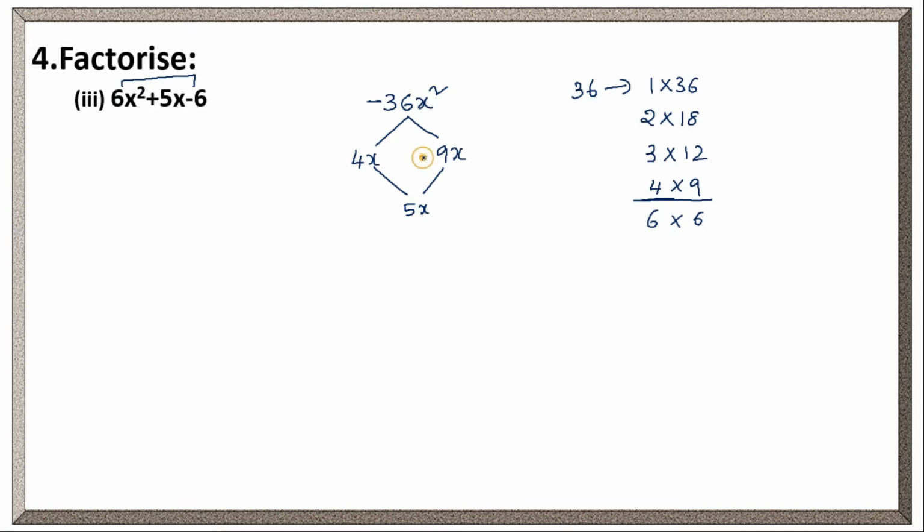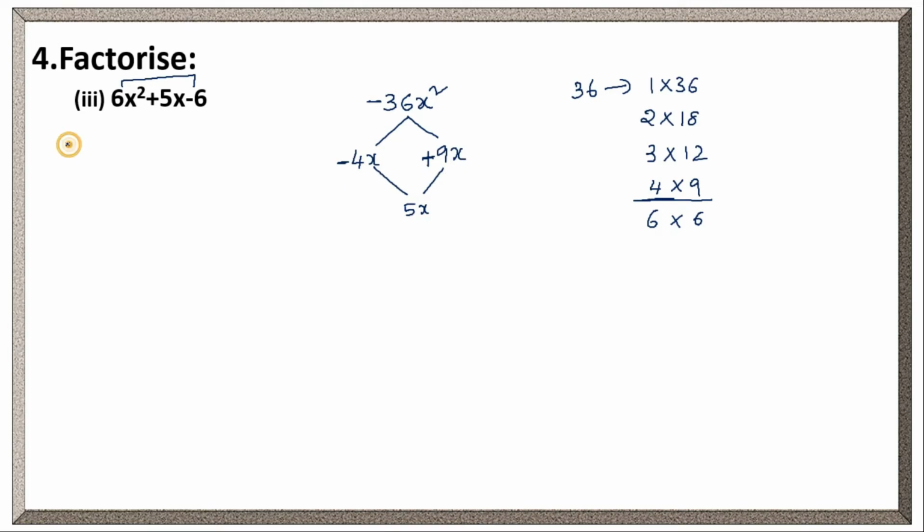So for the bigger number we have to take plus, because the result should be plus. Clear? Now minus into plus, minus 4 into 9, 36, x into x, x square. If I add these 2, we will get 5x. Minus 4x plus 9x is 5x.